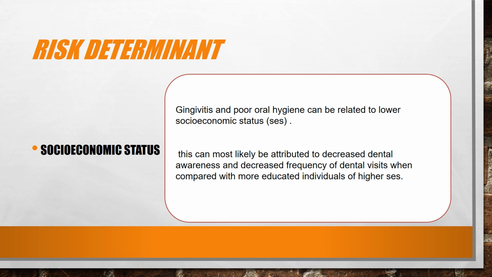This can most likely be attributed to decreased dental visits. There might also be a decreased nutritional level or decreased dental visits. These can lead to increased progression of gingivitis to periodontitis when compared with educated individuals of higher socio-economic status.